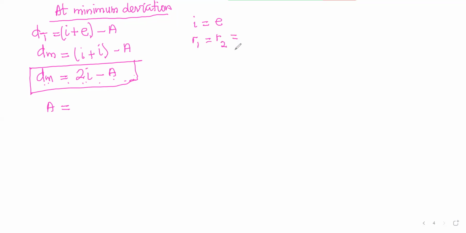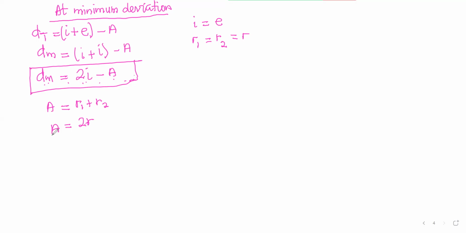So we wouldn't have R1 separately, we wouldn't have R2 separately. All that we'll have is a certain angle of refraction R. So we can also say that at the minimum deviation, A, which is R1 plus R2, will simply be equal to 2R. A will be equal to 2R. Ashima, are you okay? Yes, please.